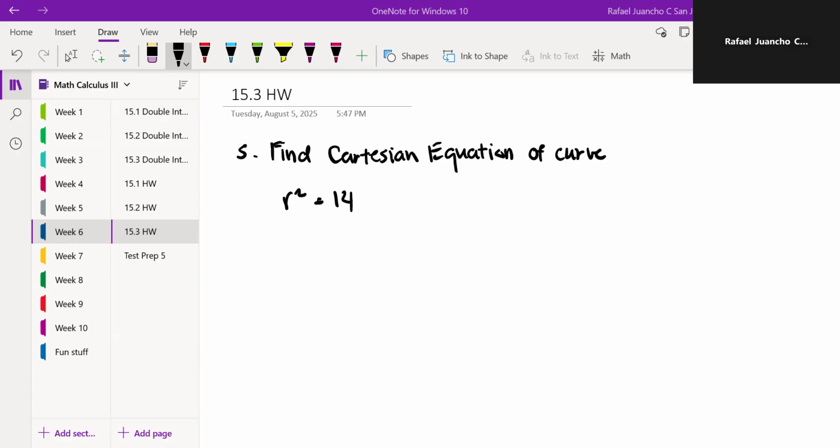So it's okay, apparently it's a circle. So basically it's just x squared plus y squared equals 14.